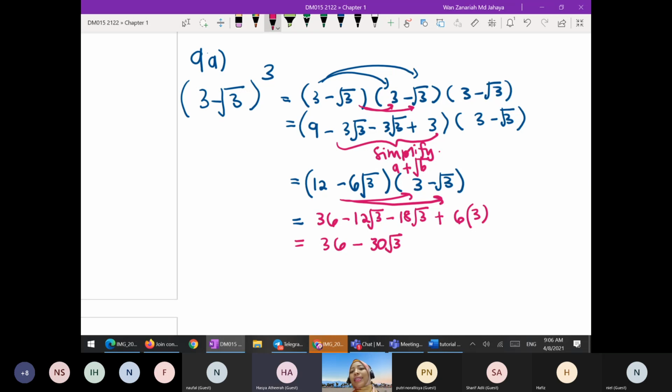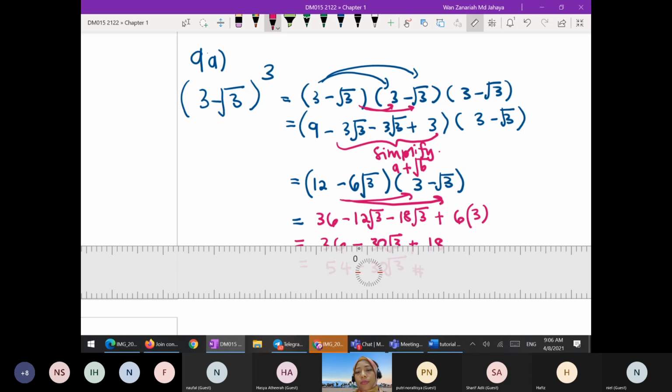What is your u? Set 3. Okay, negatif 12 tolak 18 dapat negatif 30. 30 plus with 6 times 3, 18. So your answer will be 8 plus 6, 14. 3, 4, 54. Okay, check my working. Kalau cikgu ada mistake kat mana-mana. Okay, sama ke tidak?